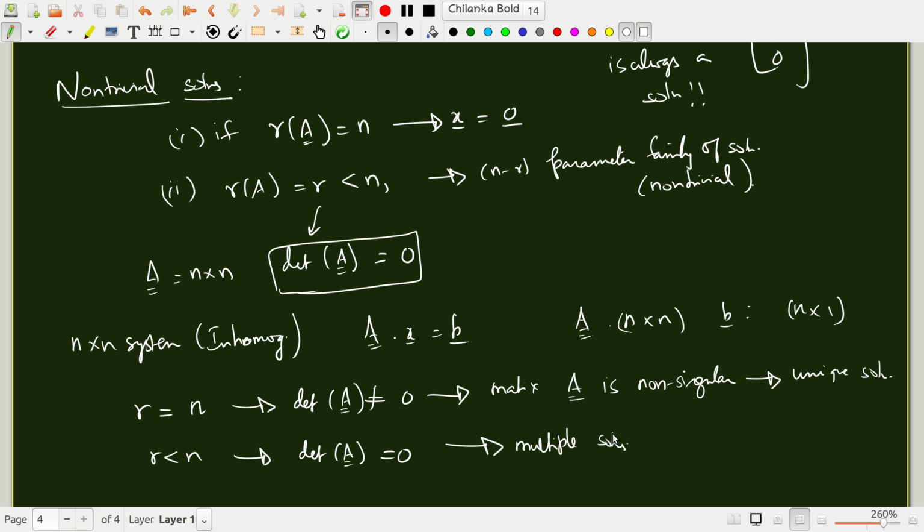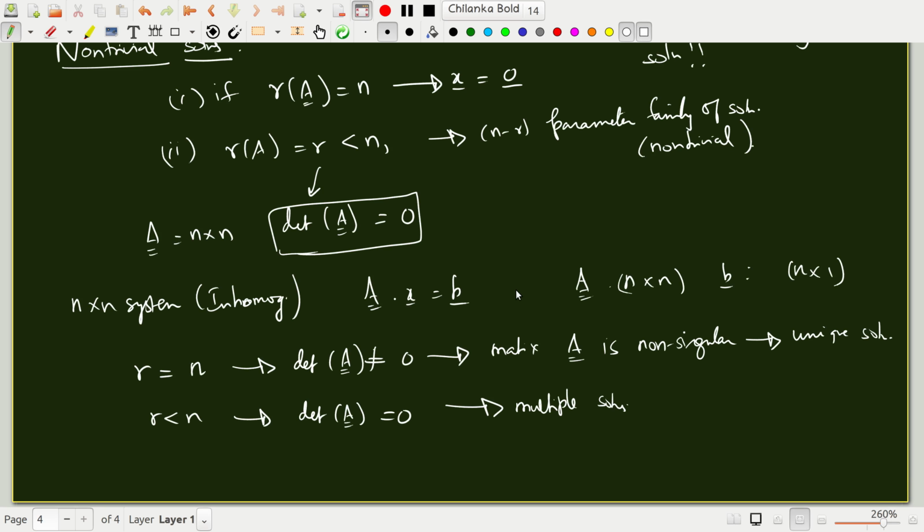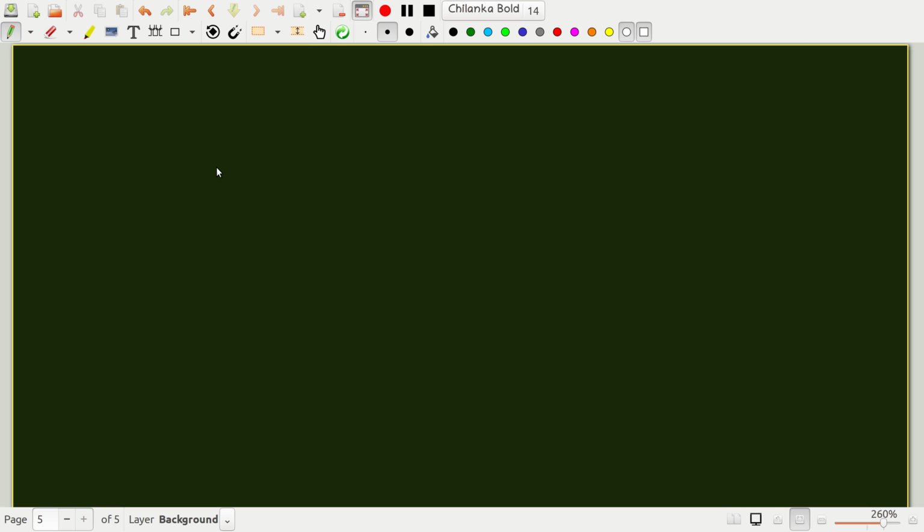Now, so far we discussed everything in terms of rank. Now there is another elegant way of writing the conditions under which Ax equal to b will have solutions. The key thing that you should realize is that even for the same matrix, if b is different, then you may or may not have a solution.